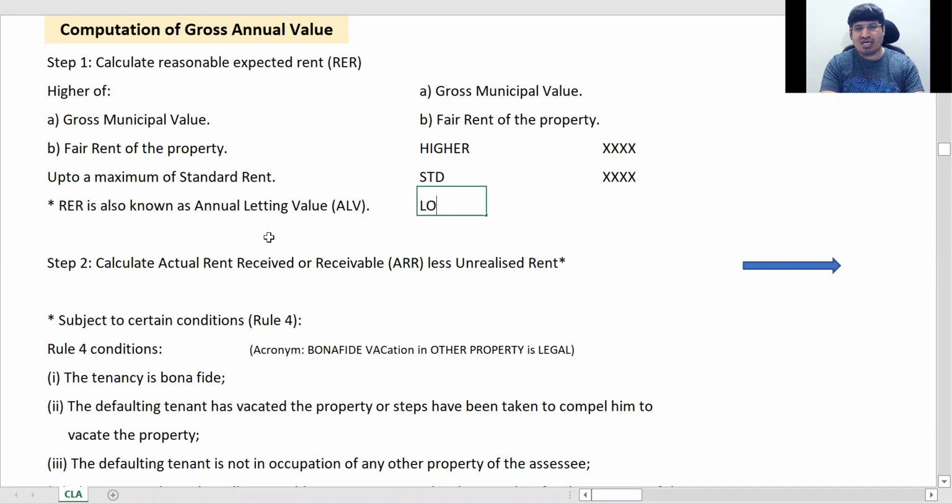Take lower. So if you take lower of these two, you will get, say, this. So this is your RER. Okay. So just remember, RER is also called annual letting value. These secondary terms are also very important.